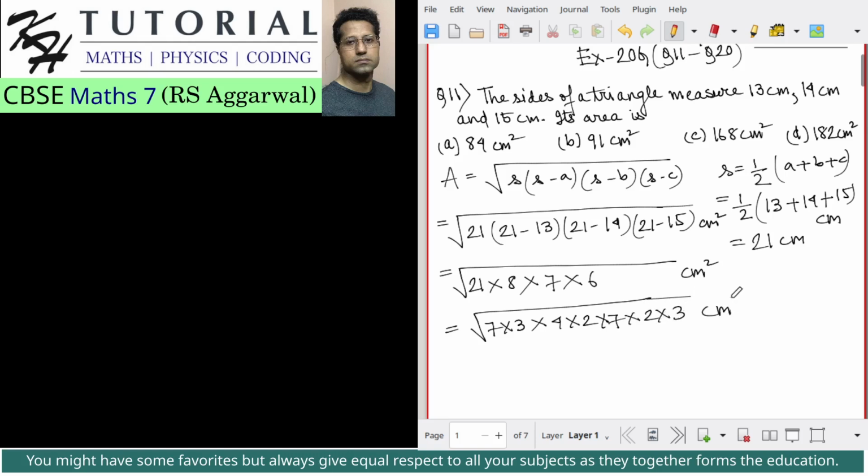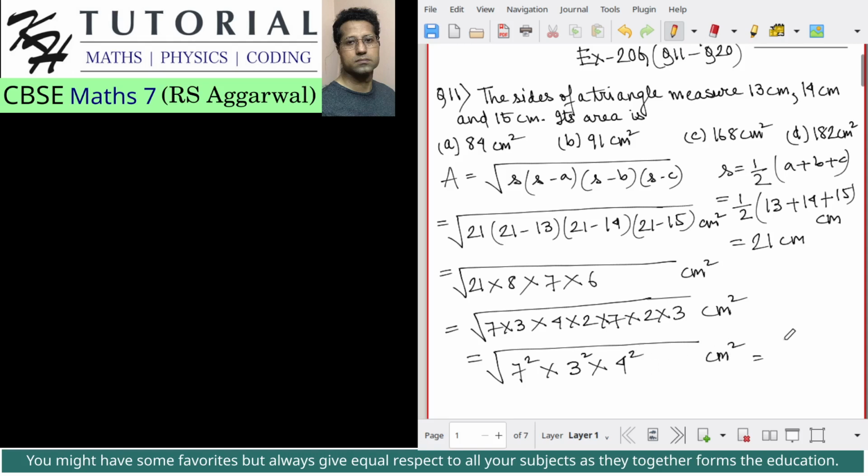So I have just factorized all the numbers, that is 21, 8 and 6, so that I can form a perfect square. So I see 7 into 7, which will be 7 square. I see 3 into 3, that will be 3 square. 4 multiplied by 2 multiplied by 2 is 16, which is 4 square. So this much centimeter square.